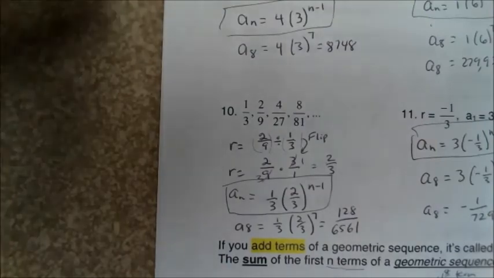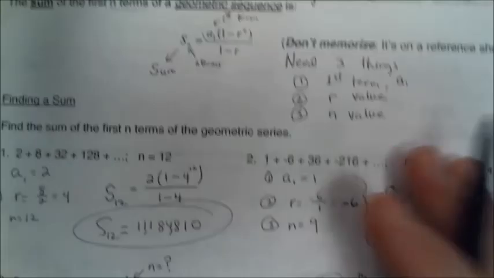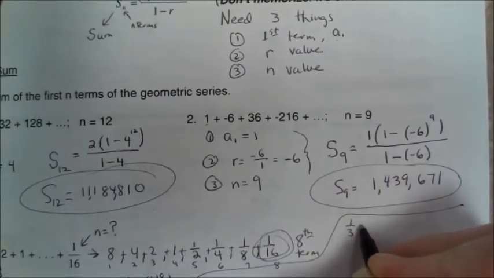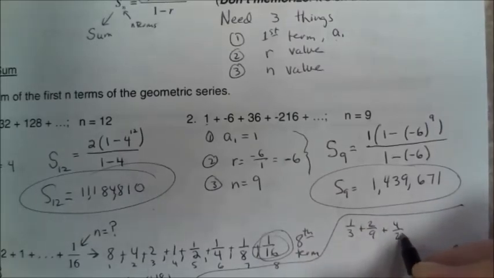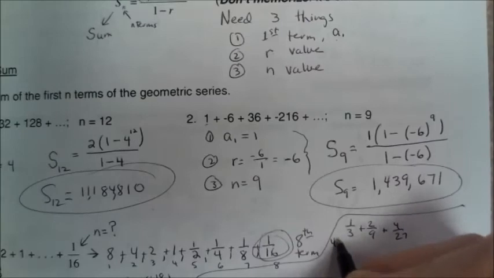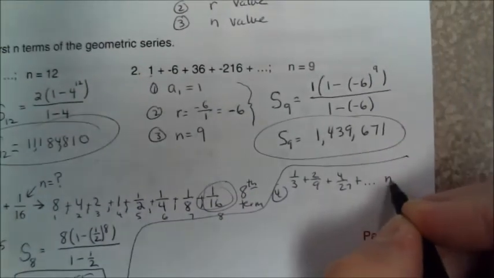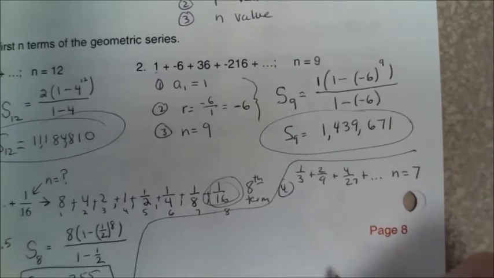So let's see what that's going to be. We're going to add up the first 7 of those. So find 1/3 plus 2/9 plus 4/27, this is example number 4, I guess, plus dot, dot, dot, and I'm going to say n is equal to 7. Let's add up the first 7 terms of this.